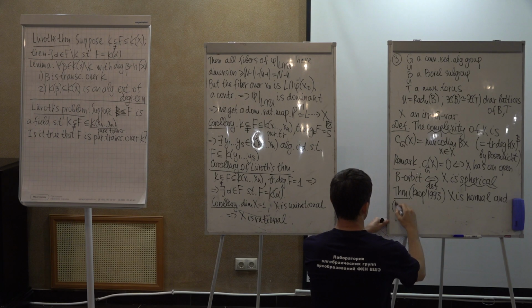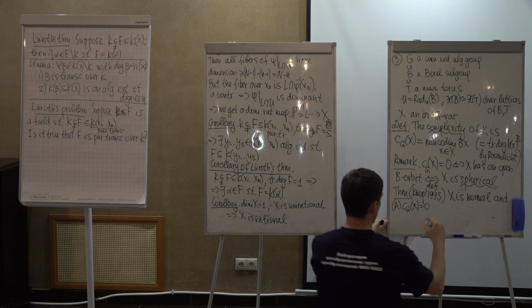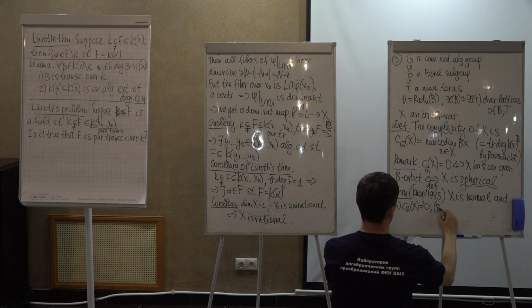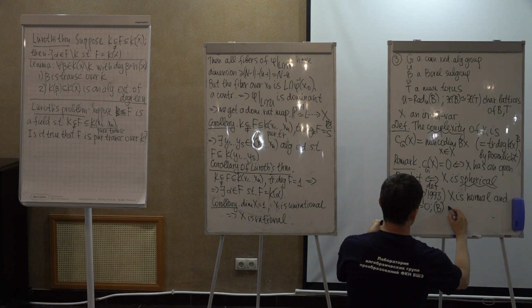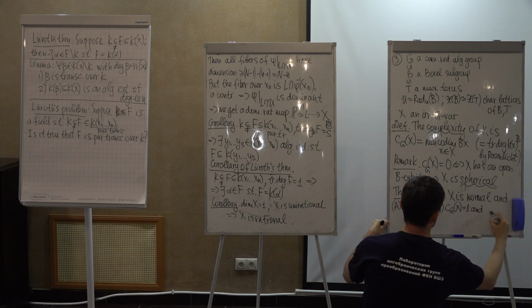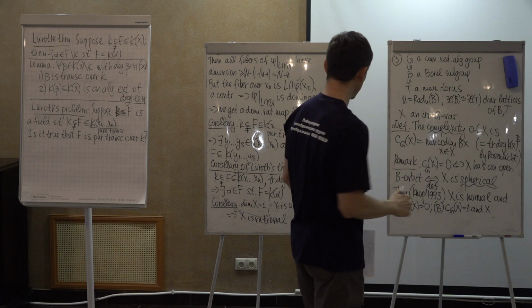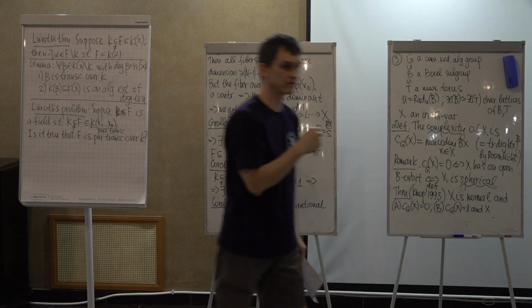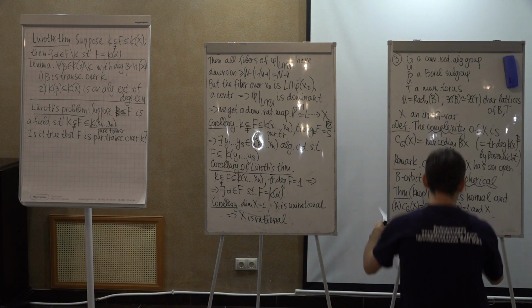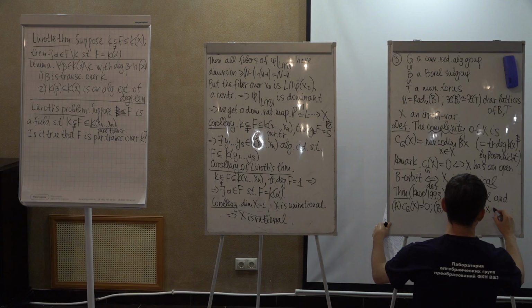Condition A, it has complexity 0, and condition B, it has complexity 1 and is unirational. Here X is an irreducible variety.